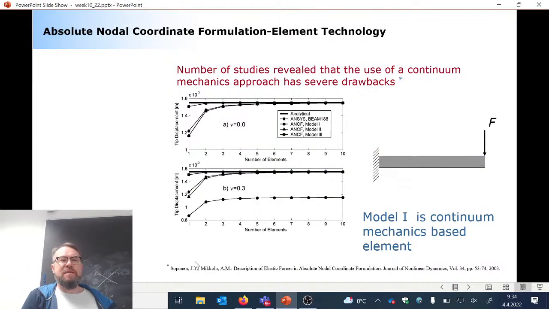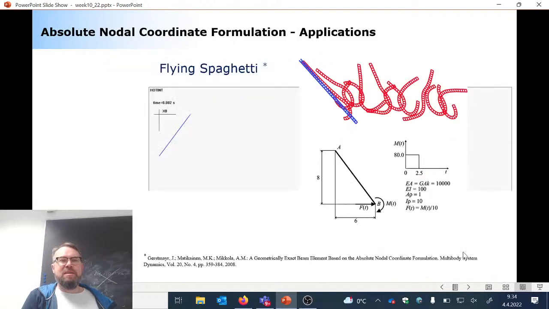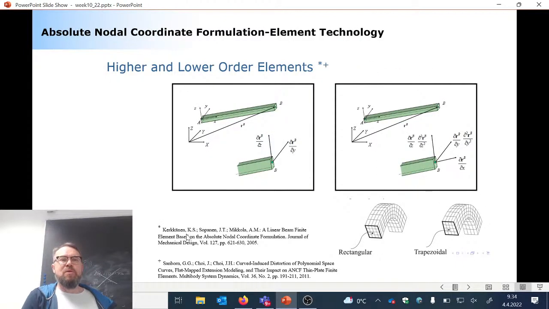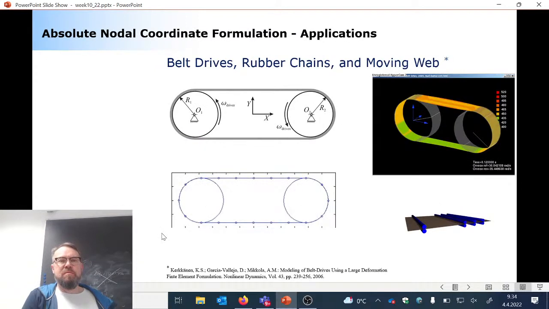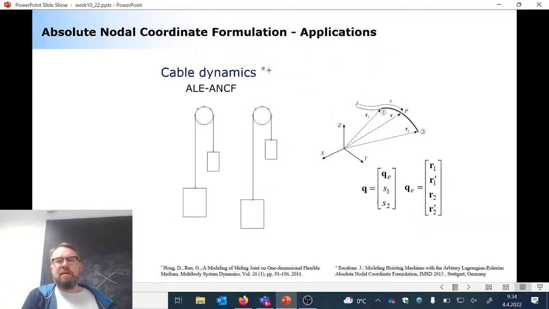Here is already Jussi Sopanen mentioned, and this is 2003. Let me get back. There is Kimmo Kerkkänen. You see that he is involved in the developments. Marko Matikainen, you may know him as well. Kimmo again, and so on and so forth.